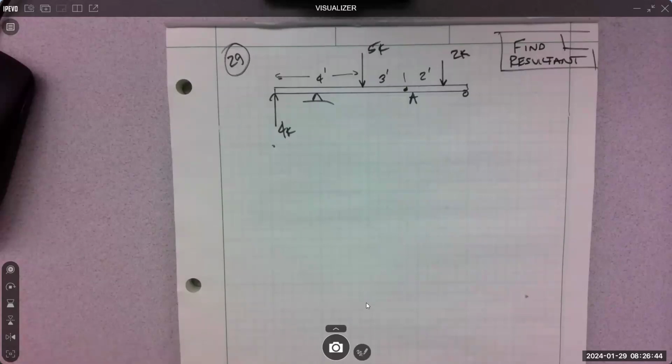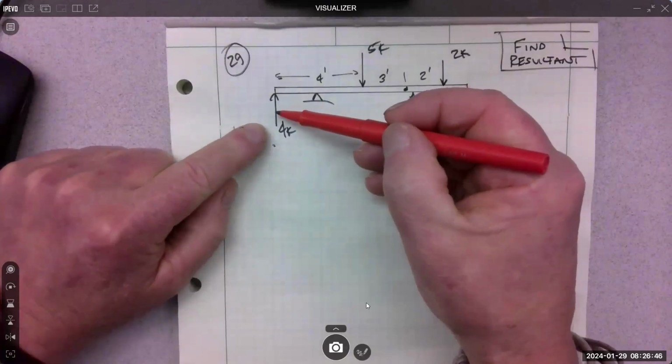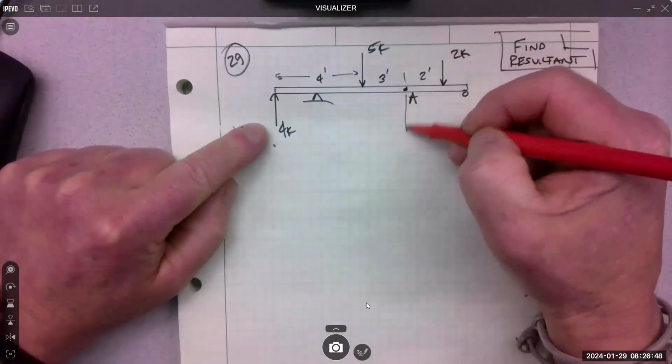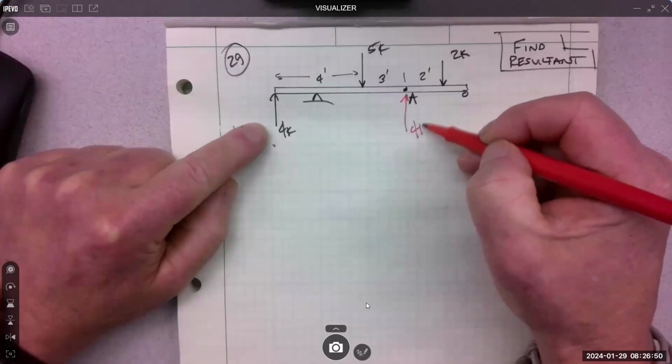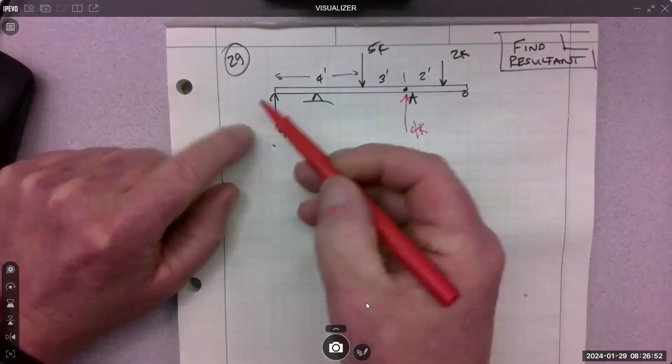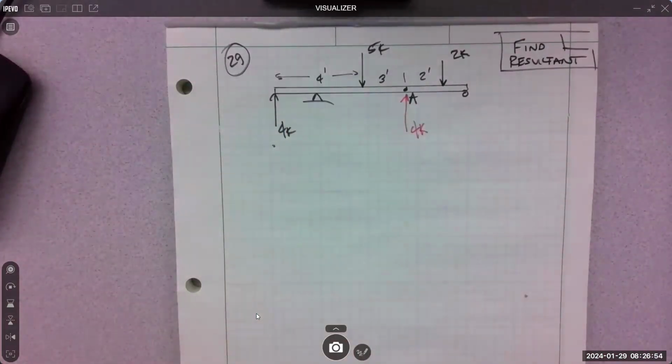So really what we do is we take the 4K and we literally move it over to A. 4K. That keeps the translational effect of the 4,000, still trying to push up that amount. But now I need to bring the moment with it.